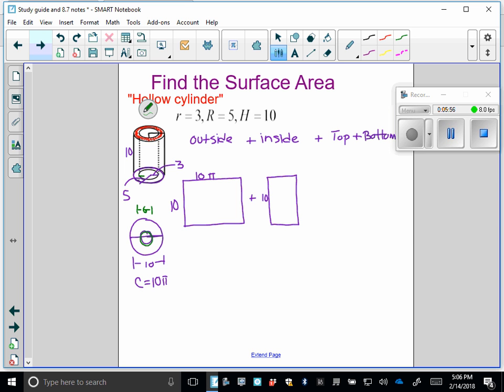So this is 6 units. So the circumference of the smaller circle is 6 pi. So this is 100 pi, and this is 60 pi.